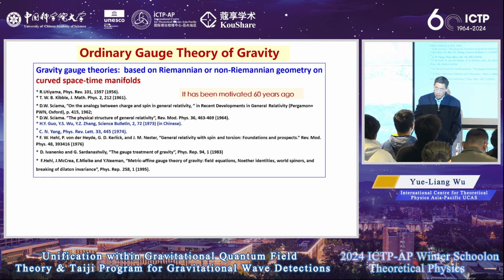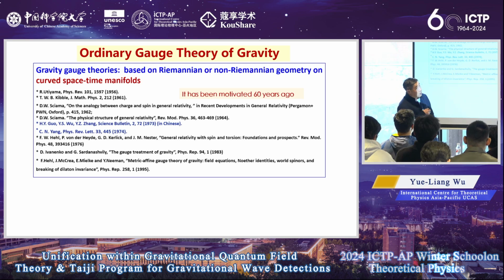And then for gravity, although gravity is, I think, the first force we recognized, we don't understand it well. So gravity is described by Riemannian geometry, in curved space-time. But after the Yang-Mills theory, many people thought maybe gravity is a gauge theory.